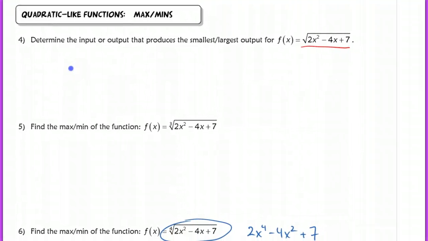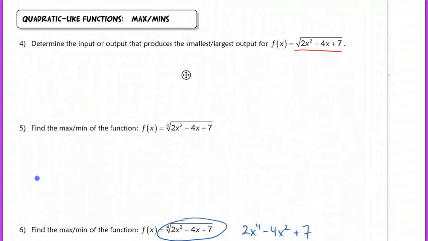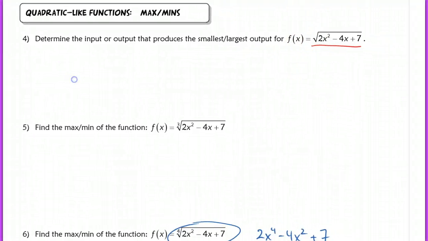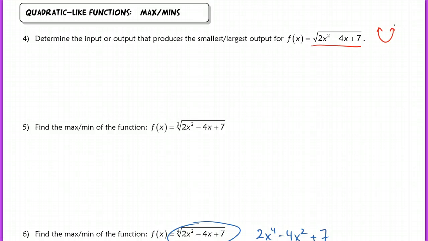What you want to do here is take a look inside your radical and say, okay, that's a quadratic function, and that quadratic function has a minimum. So that means that this function should also have a minimum value. That minimum will occur at the exact same input where this function's minimum occurs, which we already found: negative b over 2a was equal to 1.